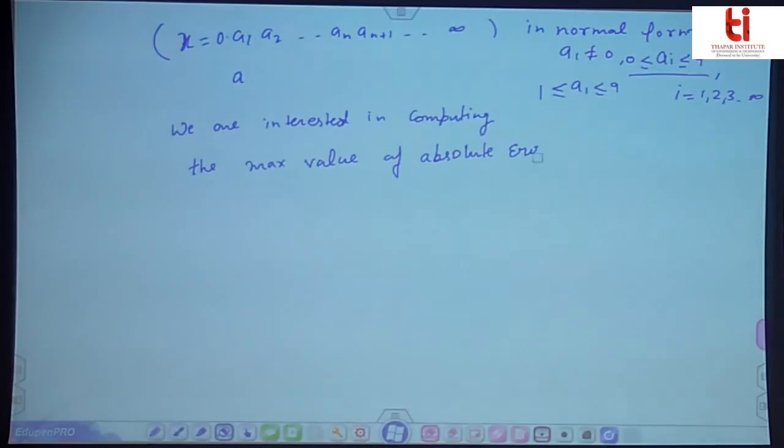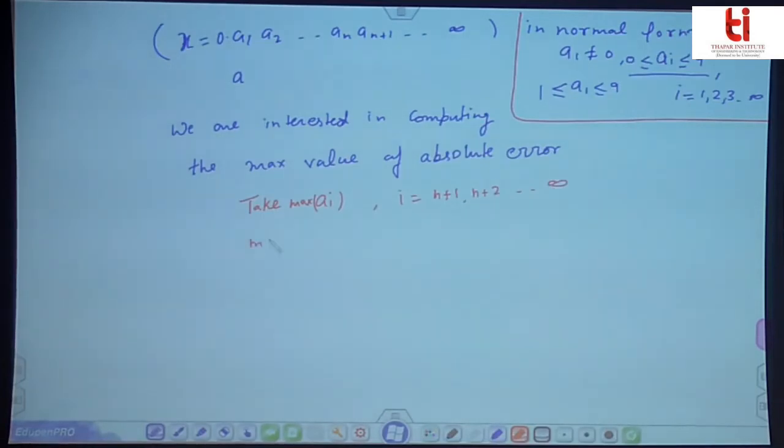So what we need to do is take the maximum value of a_i, where i is n plus 1, n plus 2 and so on. And fine, so what is the maximum value of a_i?